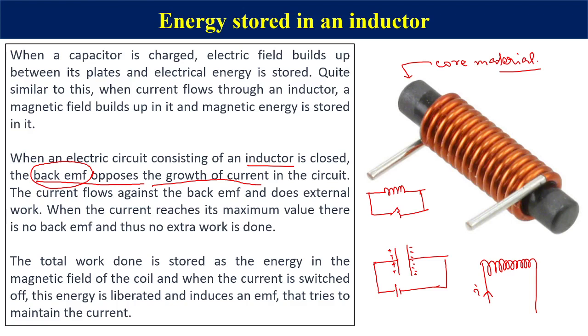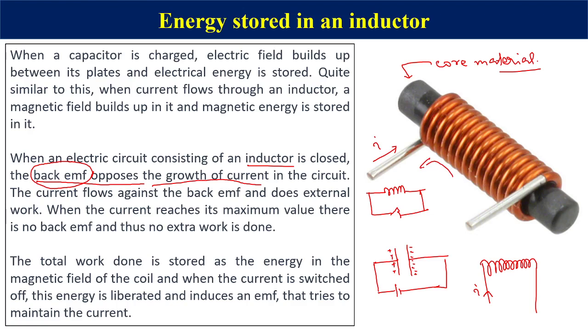And we all know that the EMF is induced in such a direction as to oppose the increase in current. If it has to oppose the increase in current, the EMF should allow another current, the induced current, to flow in a direction opposite to the main current. Suppose the main current is flowing in this direction, the induced current will flow in a direction opposite to this, so that both of them oppose each other.